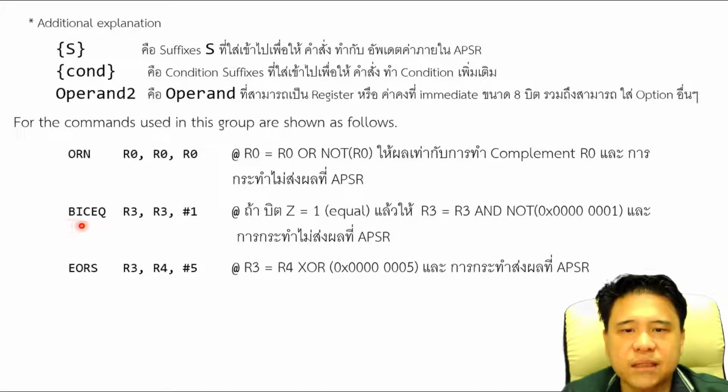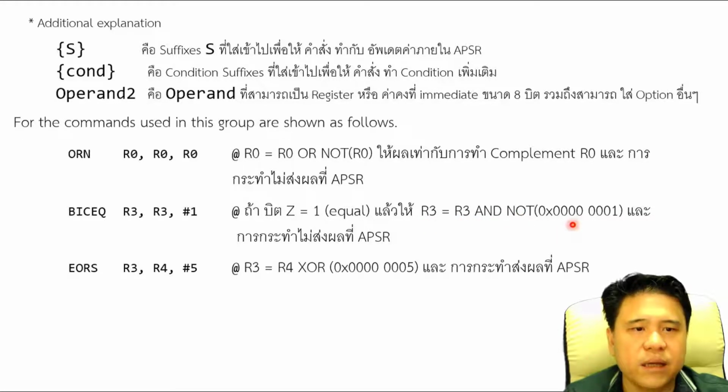The next one, BICEQ, so we have to check if it's equal or not first. If it's equal, then we do the BIC operation for R3, R3, and 1. And this one is R3 equals R3 AND with NOT 1.